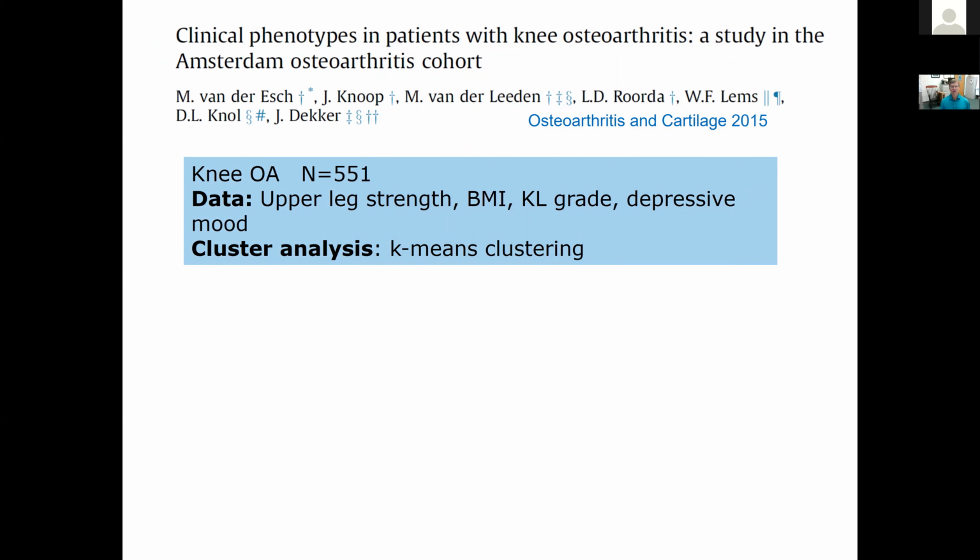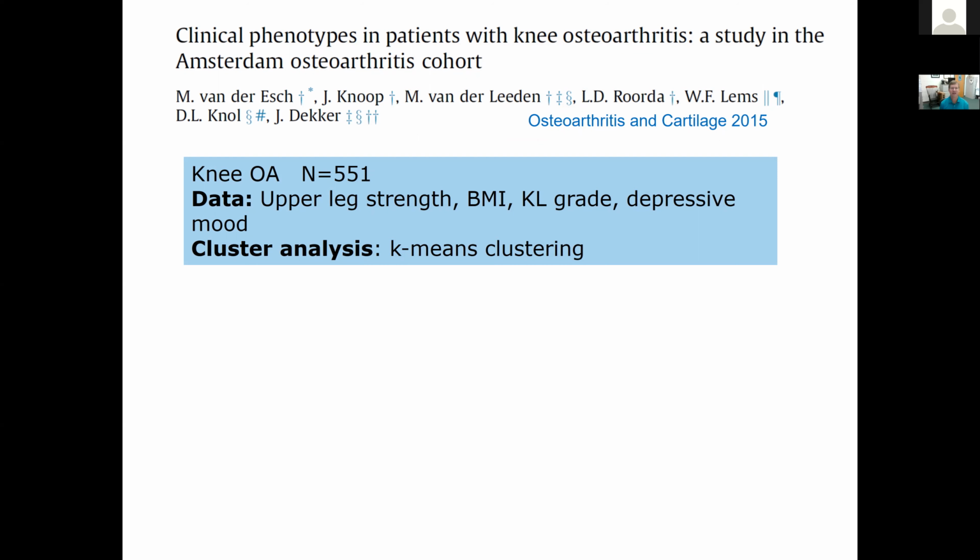So some early work to try to define phenotypes of osteoarthritis. This is from the Amsterdam cohort, where they had 551 people with knee OA. The data they used for this study was leg strength, BMI, the KL grade, and then depressive mood. Then they used a cluster analysis called K-means clustering to try to cluster together people with different phenotypes.